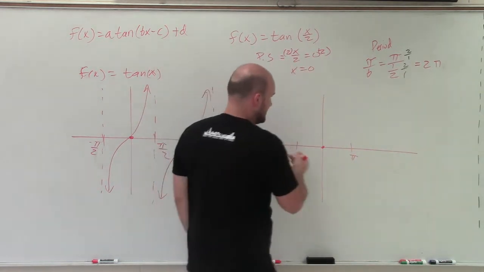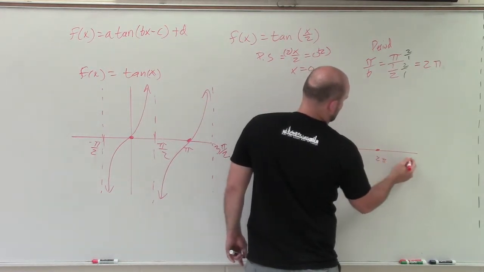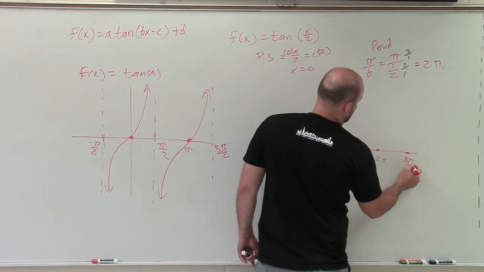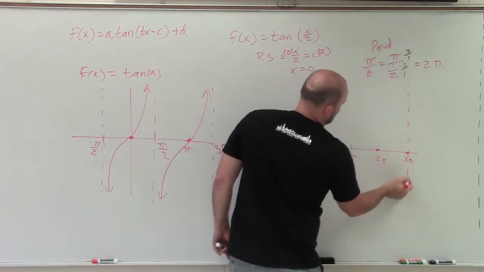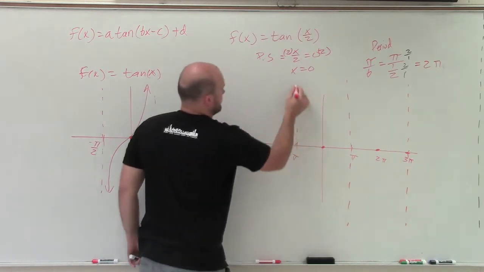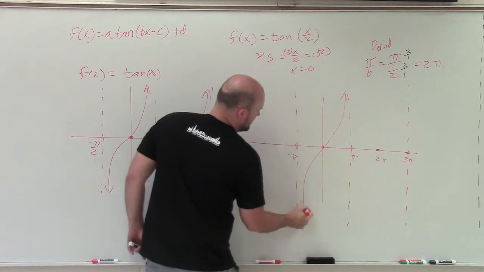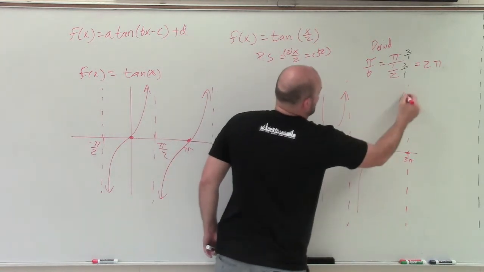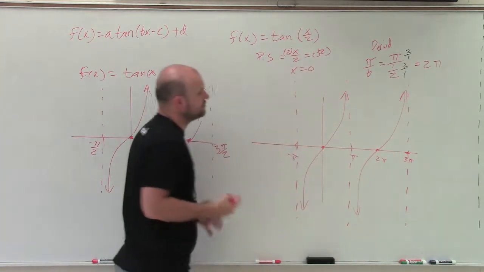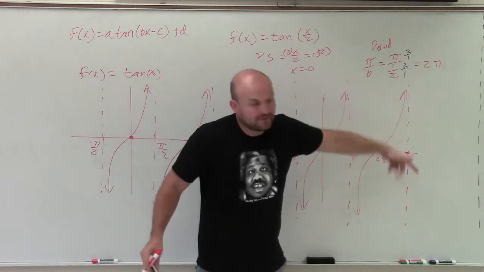So then the next one will be at 2 pi. Next one is at 3 pi. And remember, the period represents the distance between the intervals at which the graph is going to repeat itself. So again, from negative pi to pi is 2 pi, and from pi to 3 pi is 2 pi.